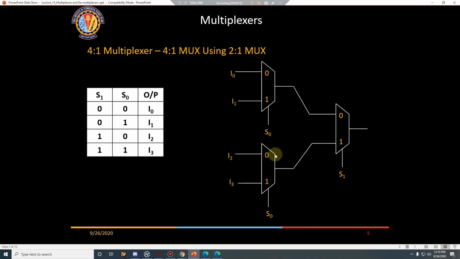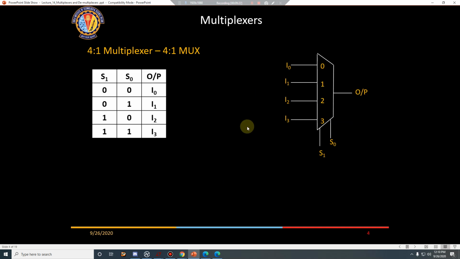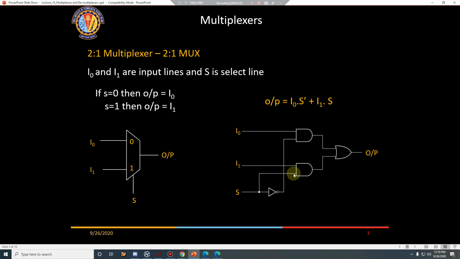Hardware wise we find direct implementation only up to 8 inputs, that is the 3 input control. We don't go beyond that, because for 3 it will become a 3 input AND gate, and for 4 it will become a 4 input AND gate.